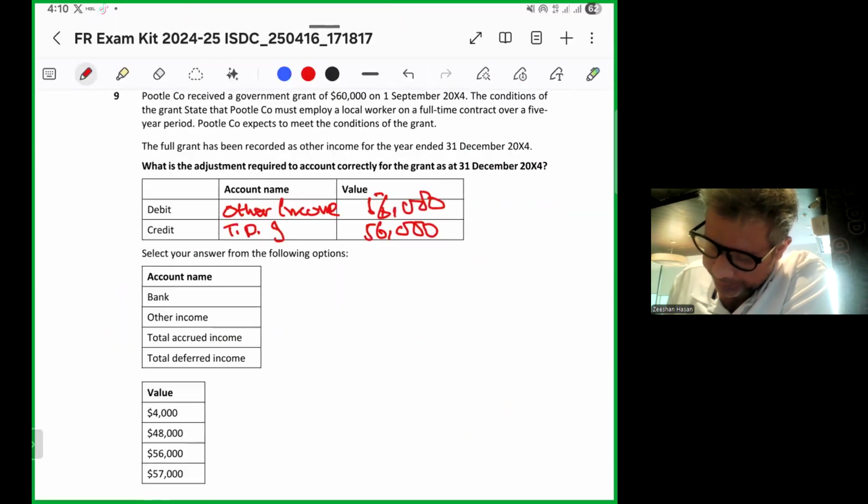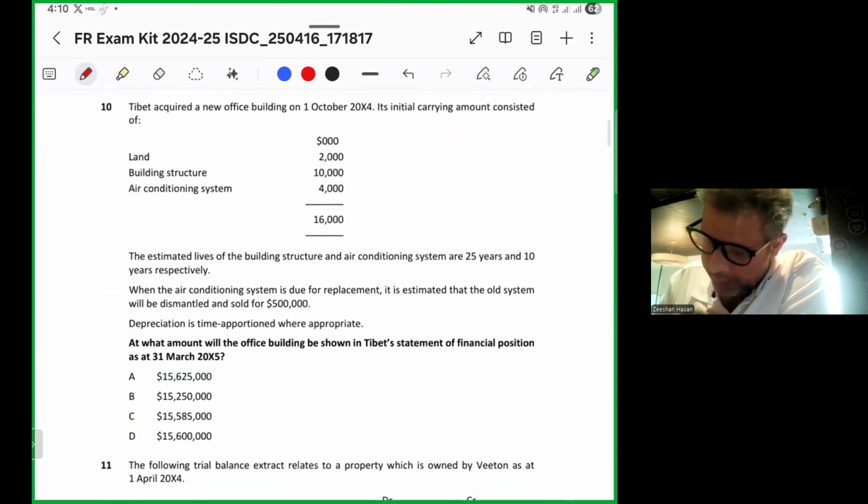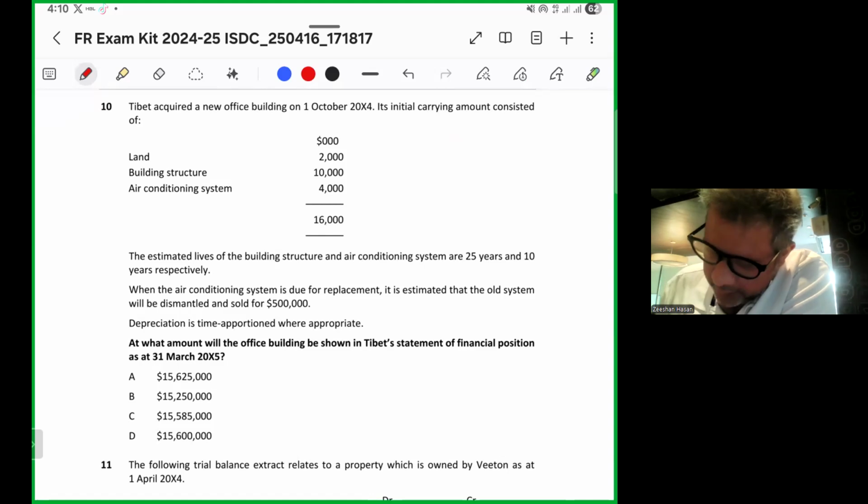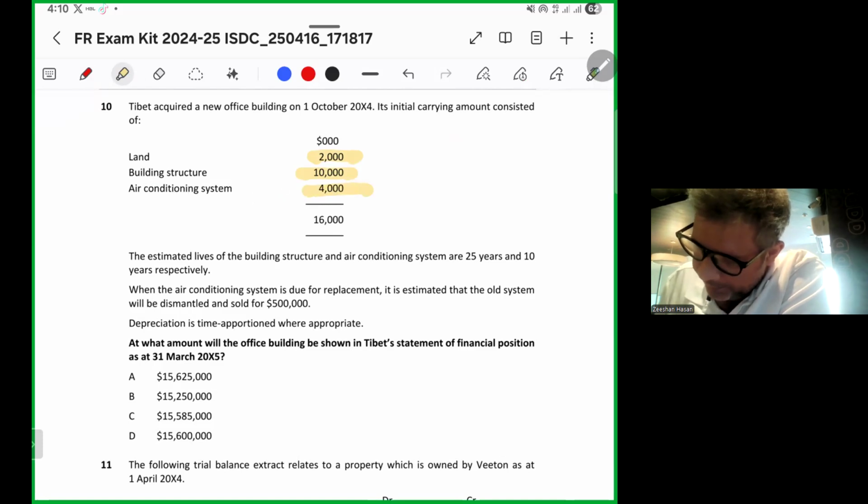Now, next question. Tibet acquired a new office building on 1st October 2004. Its initial carrying amount consisted of land 2 million, building structure 10 million, and air conditioner system 4 million. Okay. Total is 16 million.